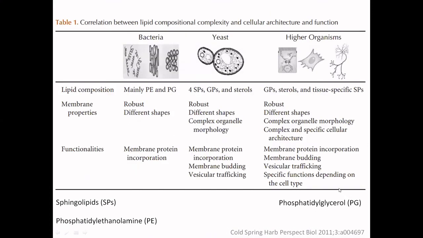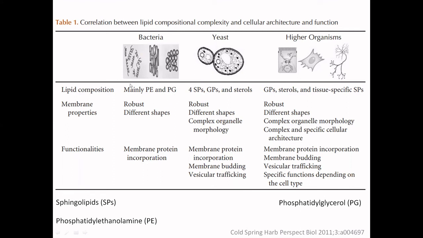So we have already discussed the plasma membrane. So this slide is an effort to differentiate the compositions and the characters of the plasma membrane between bacteria, yeast, and the higher organisms. Coming to the lipid composition, this is the phosphatidylethanolamine and the phosphatidylglycerol.